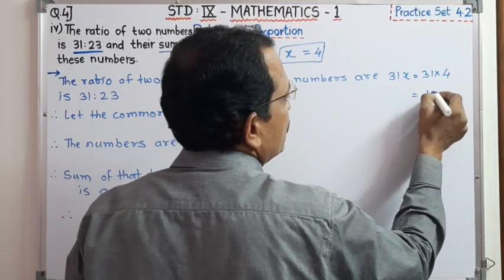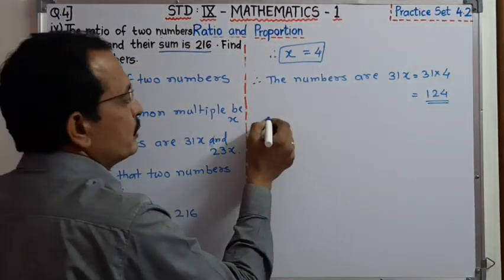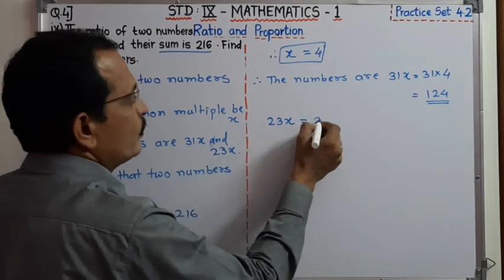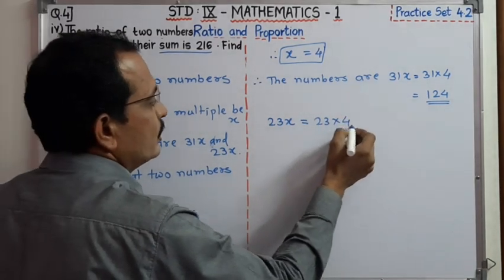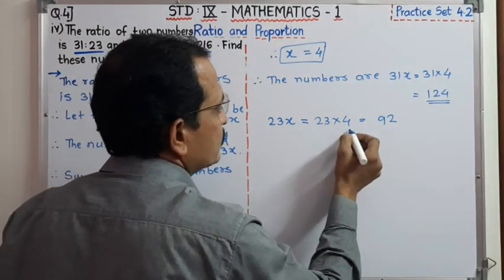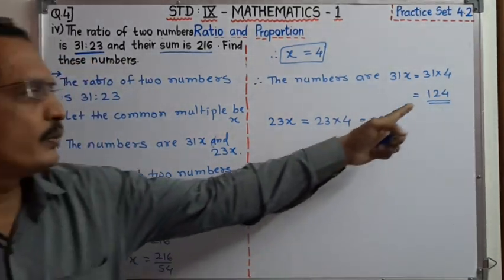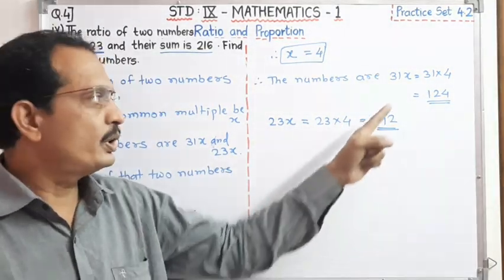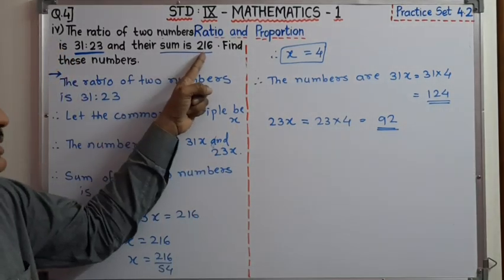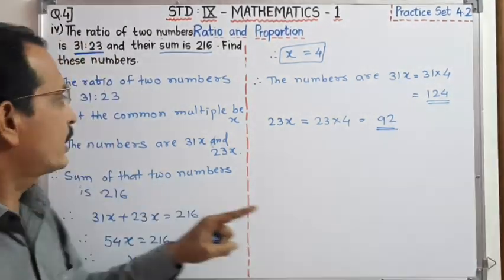Therefore, it is 124. And second number is 23x is equal to 23 into 4 is equal to 92. Therefore, the two numbers are 124 and 92. If we make the sum of these two, it will be 216. And if we simplify this and take out the ratio, that ratio will be 31:23.